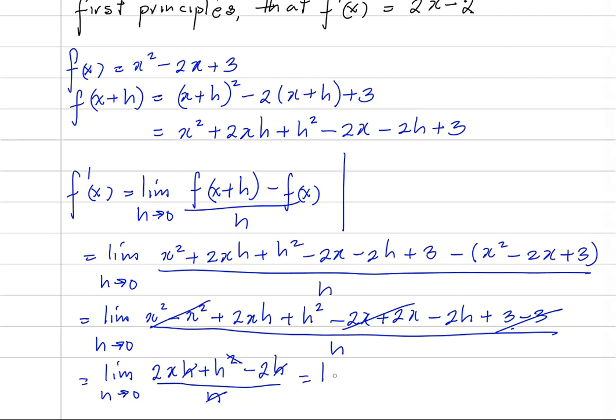So this is the limit as h approaches 0 of 2x plus h minus 2. All right, so by direct substitution, we're going to get 2x plus 0, because h is 0, minus 2. All right, so we managed to finish.